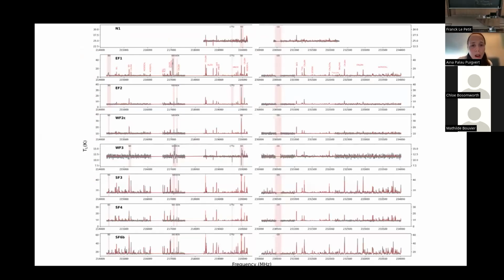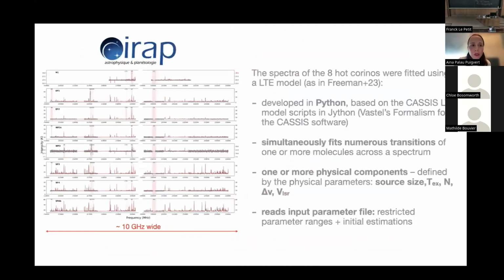So the second part, the next step, is fitting the spectrum of each one of these hot corinos. And for this, we used an LTE model developed at IRAP in Toulouse that is based on Python. It's within the CASSIS scheme, and it simultaneously fits numerous transitions of different molecules, including several physical components.